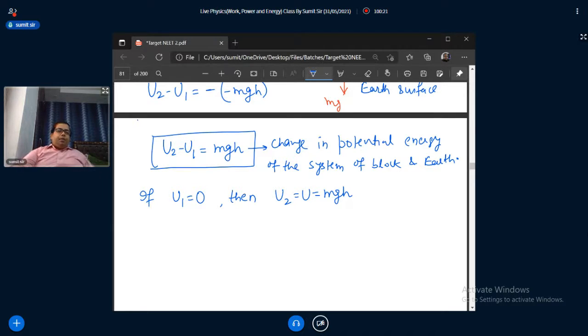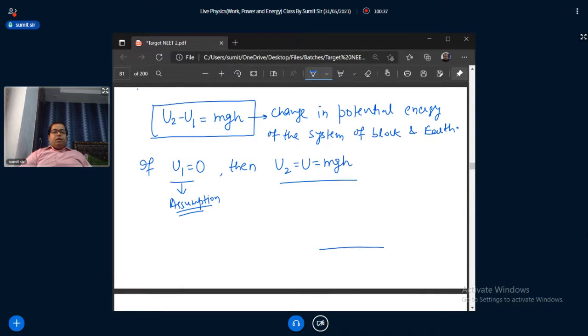Now, if I assume U1 is equal to 0, it's my assumption. It's not true, but generally we assume the initial point at 0 and U2 is equal to U is equal to mgh. That means if here U is equal to 0, then the potential energy at height h becomes mgh.